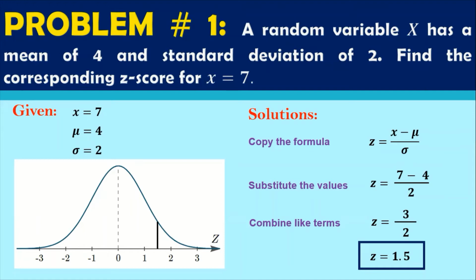Next is to shade the portion under the normal curve that corresponds to the given z-score. In shading the area under the normal curve, you will start at the center or the mean of the normal curve up to the given z-score. Our mean is 0, so we will start shading from 0 until 1.5. So the shaded portion under the normal curve is this portion.